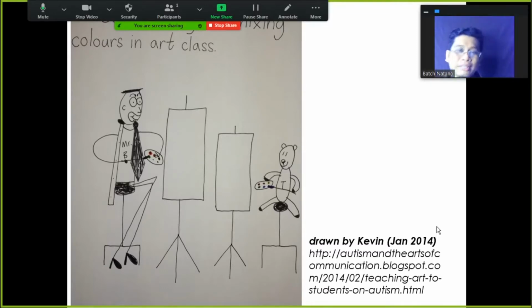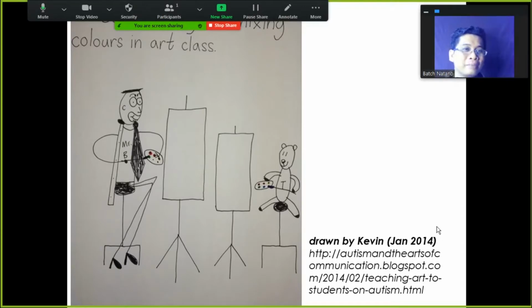Yung pagkakaroon niya ng autism at gumawa siya ng ganitong drawing, the mere fact na autistic siya, it means a lot, di ba? Okay, so mahilig kasi siya kay Mr. Bean, kaya yan ang dinrawing niya, si Mr. Bean.